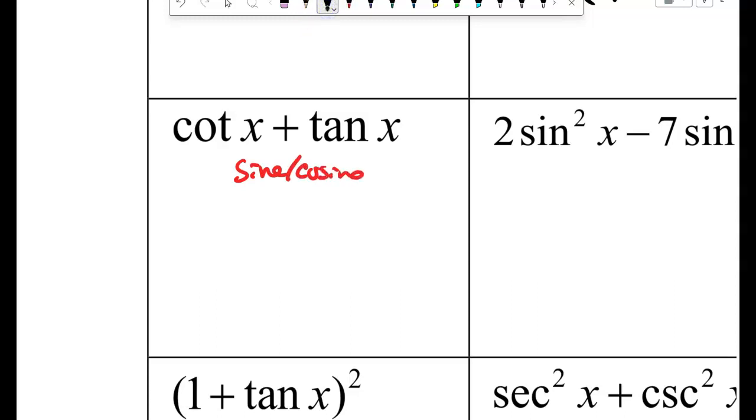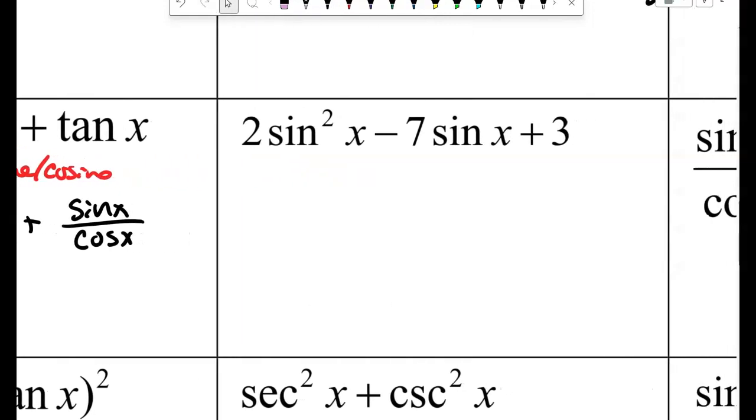Then we go, okay, cosine x over sine x plus sine x over cosine x. And just out of curiosity, we're not going to do the next step, but what would be the next step? Probably, in this case, common denominator. So you're starting to see the patterns now. Remember that just last week you guys were like, no patterns like this, we're not seeing this. Now you're starting to see the different ways that you can do this. All right.